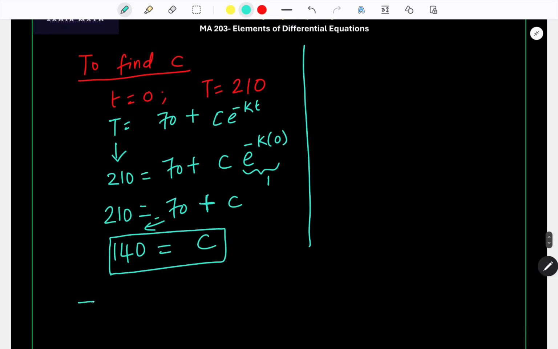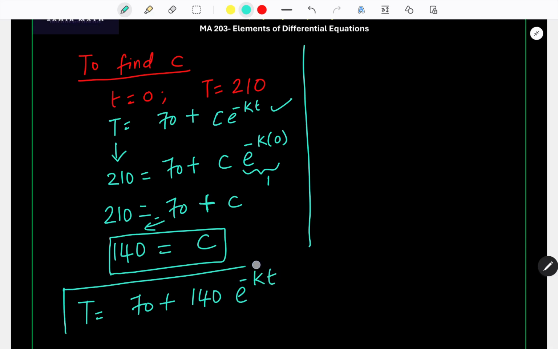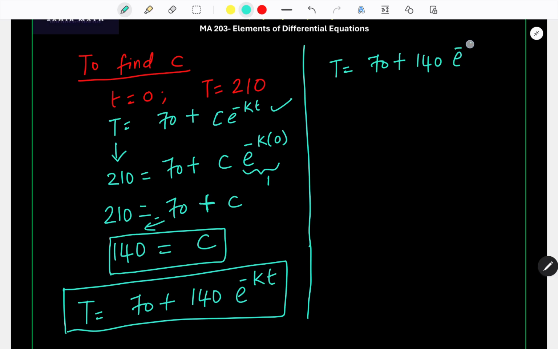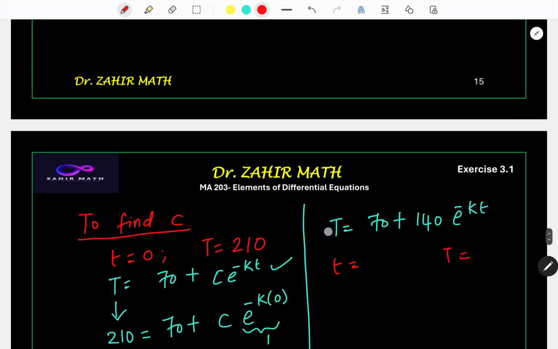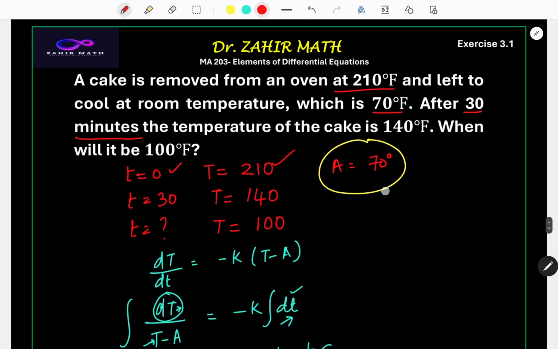So what happened to the equation? T equals 70 plus 140 e power minus kt. Now with this I'm going to find k. I have to put the condition, so let me go back to the condition.